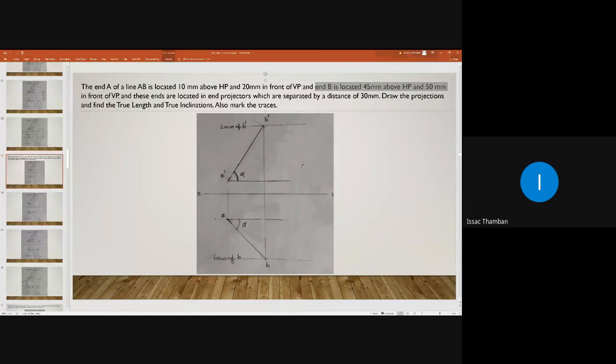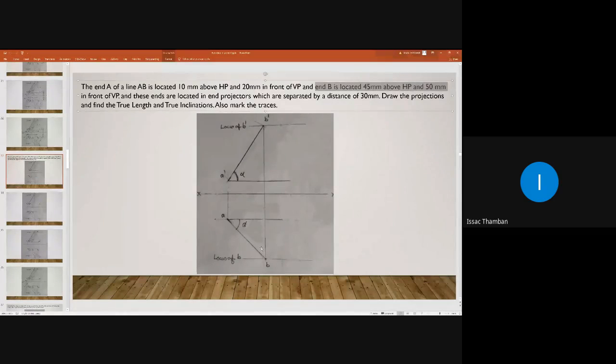Now, let us find the true length and true inclination of line AB with respect to HP. First, let us find the value of theta. Now the line is inclined to both reference planes.